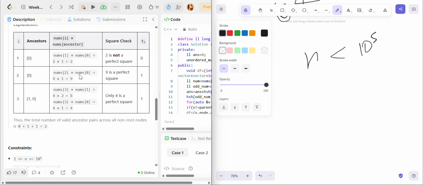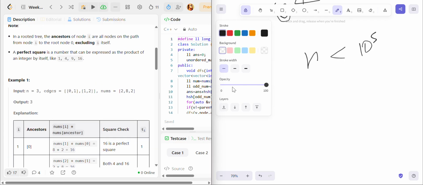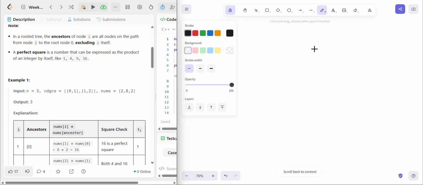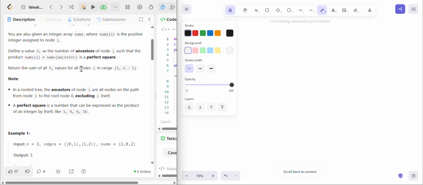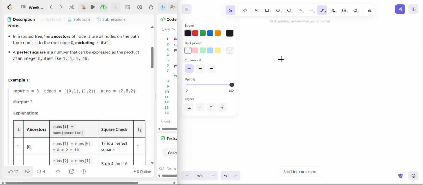So for this problem, I will share my intuition first. We have n less than 10 raised to the power 5, right?